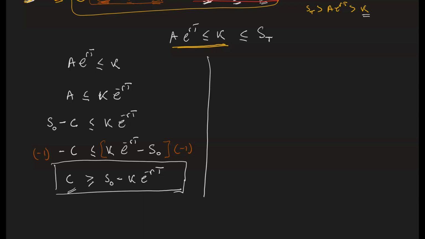Alright, with that being done, the next step for us is going to be to say, well, what is the maximum price, because this is going to be a lower bound, right? Because that says that the stock price minus the present value of the strike price has to be less than or equal to the call premium.